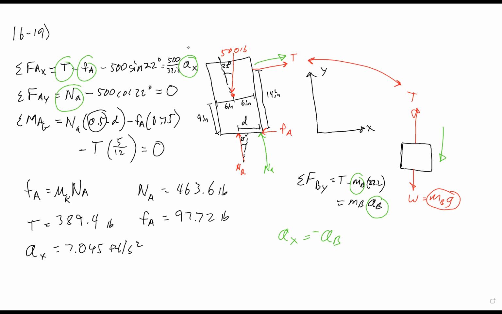And in fact, we now can also solve for the mass of B, which is equal to 15.48. By the way, that's slugs. That's the imperial version of mass. Okay, and then that means that the weight of B is equal to the mass times gravity, which is 499 pounds.